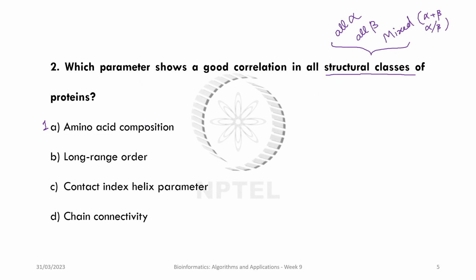Is it amino acid composition, long range order, contact index, helix parameter, or chain connectivity?